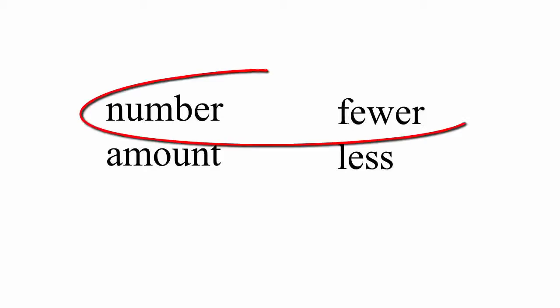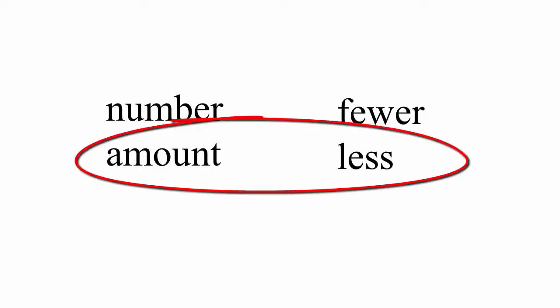Okay? So once again, the thing to remember is, if it's something that you're talking about that's quantifiable, we're going to use number and fewer. And if it is something that is not quantifiable in the way that we're using it, we use amount and less.